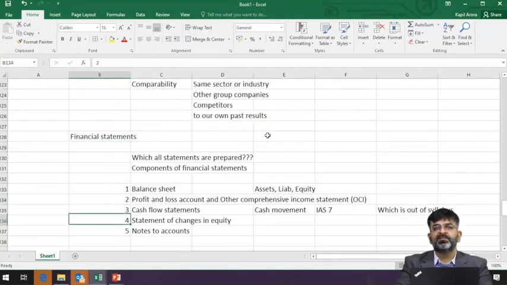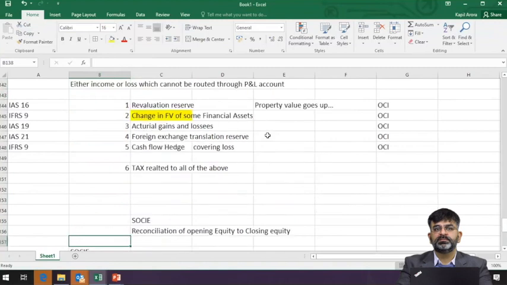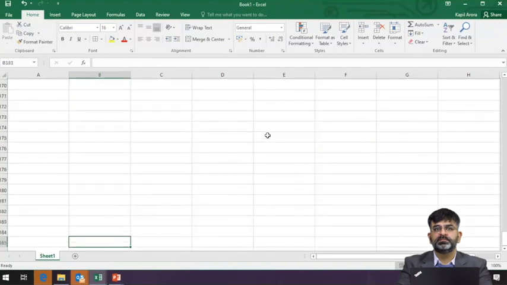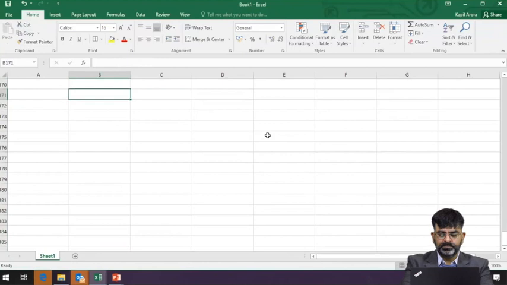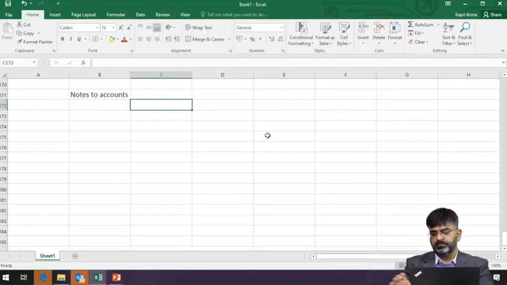The fifth one, we have notes to accounts. Now what goes under notes to accounts? What is notes to accounts? What all do we include in notes to accounts? So disclosures, accounting policies, other items and everything, right? So if we talk about the flow, what is the flow in the notes to accounts?